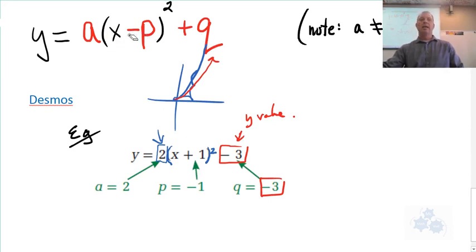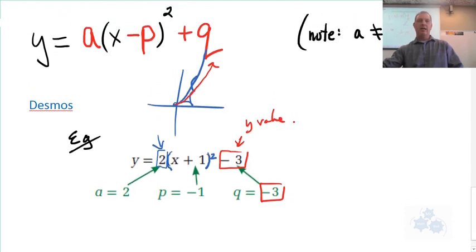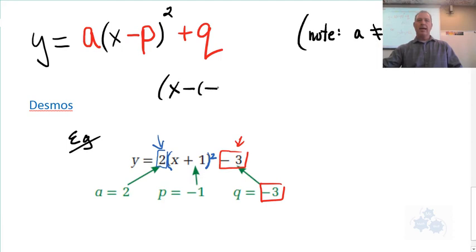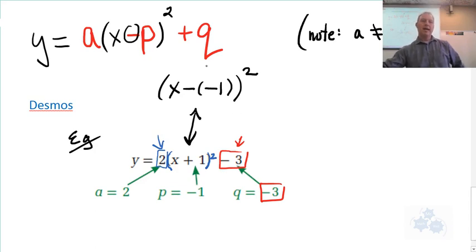If you have x minus p as the format, then when you have something like x plus 1, what you have to understand is that that really is x minus a negative 1. You see that? So here's the format. It has to be a negative.